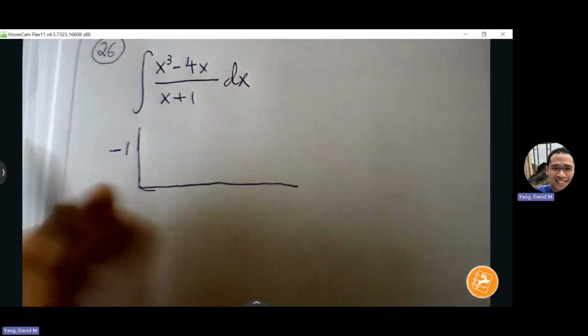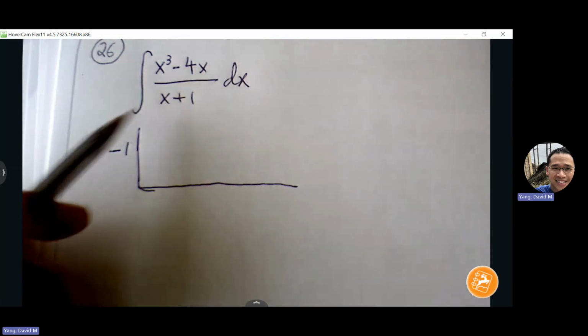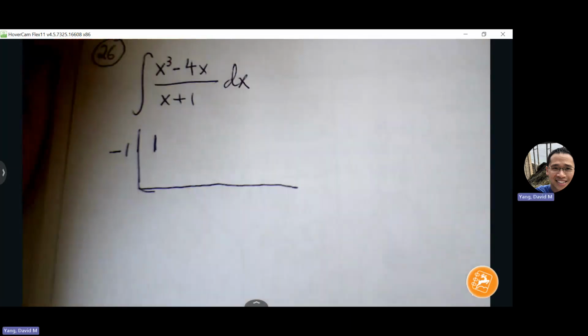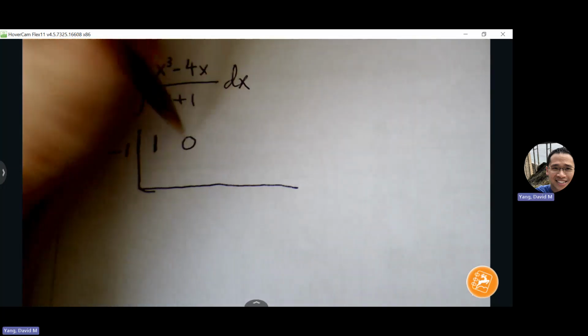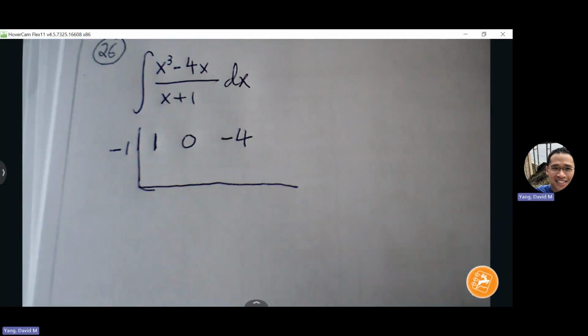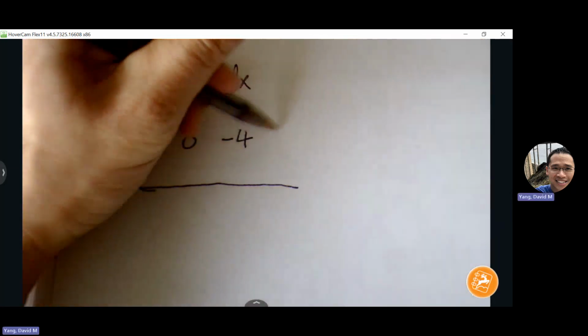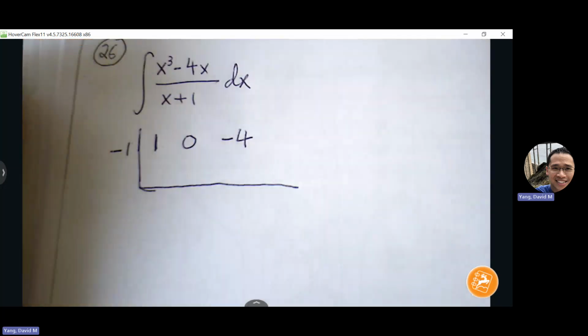Okay, so what can we put in as a coefficient for x cubed? 1. For x squared, it'll be 0. For x, it'll be -4. Stop there. Yeah, you can put a 0 here, but it may not get that far.